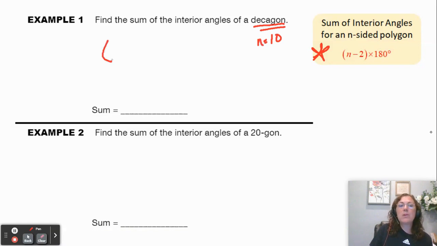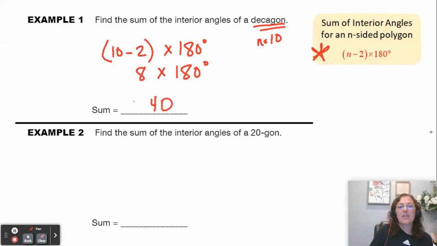We replace the n with a 10 in our formula. 10 minus 2 is 8. 8 times 180 gives us 1,440. That's if we added up all the angles in the decagon.